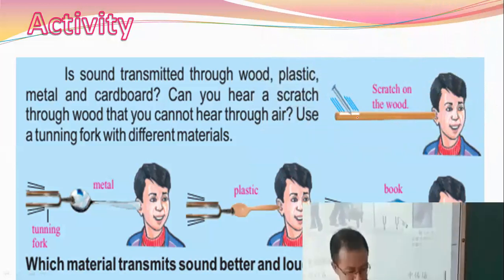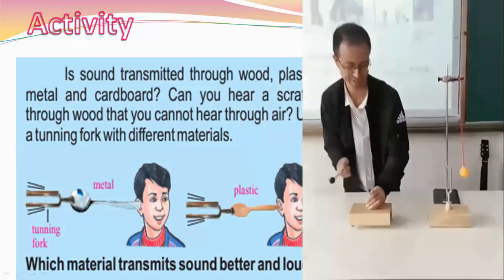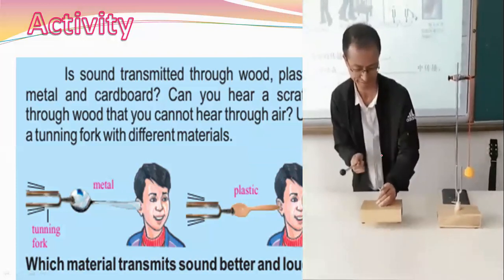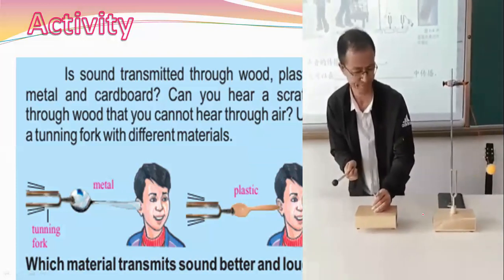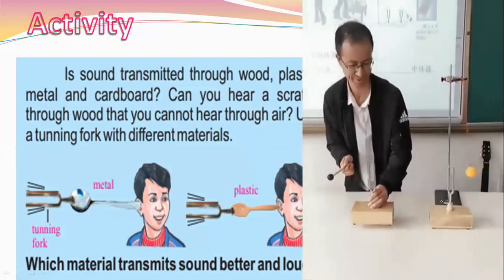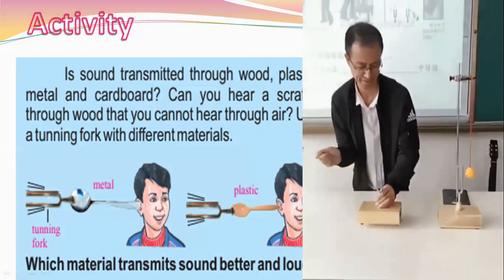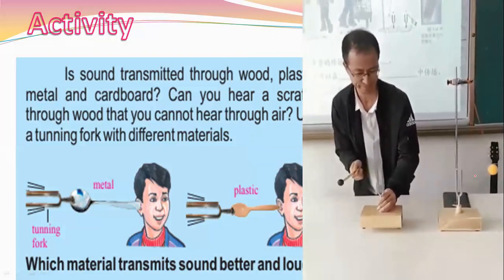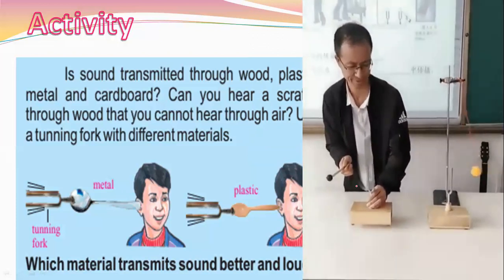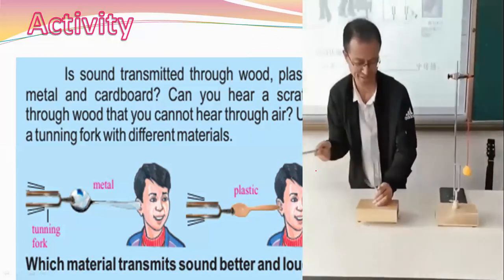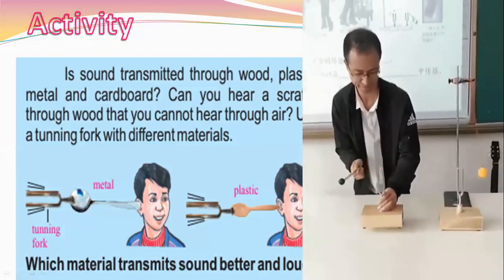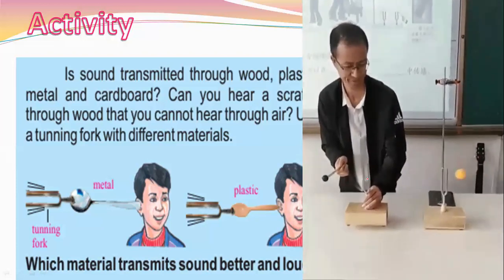This activity can be proved by this one. So here is a tuning fork, and on this slab there is another tuning fork, and a plastic ping pong ball is hanging here. What the scientist is doing is striking the free end with this rubber pad.